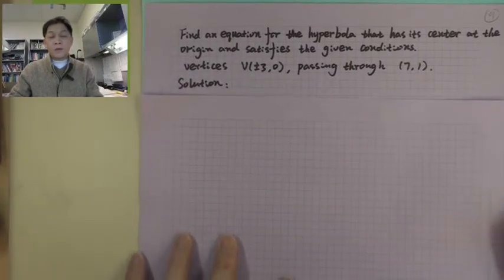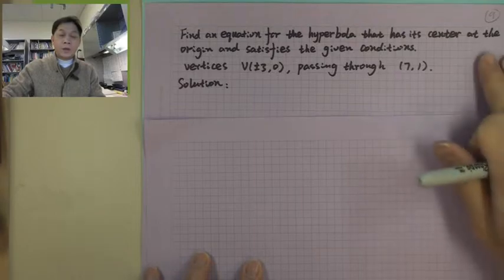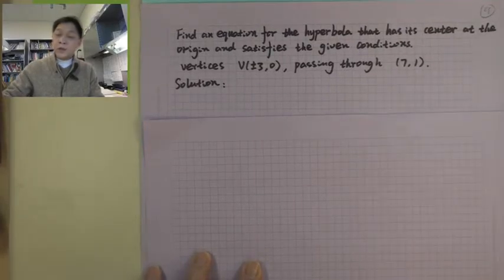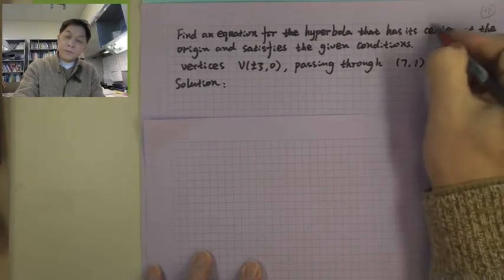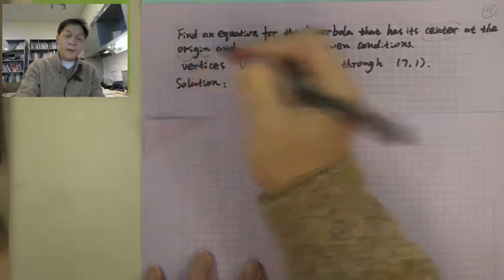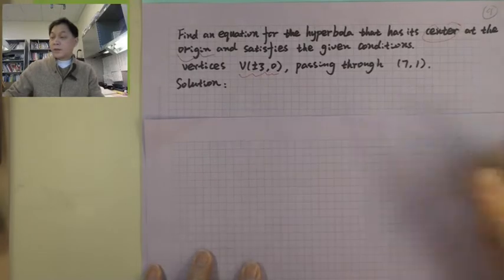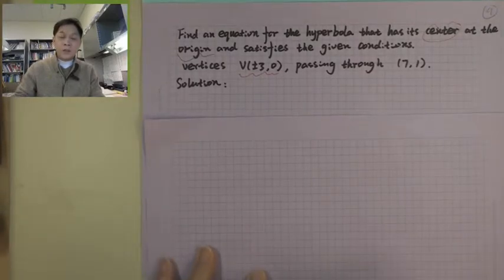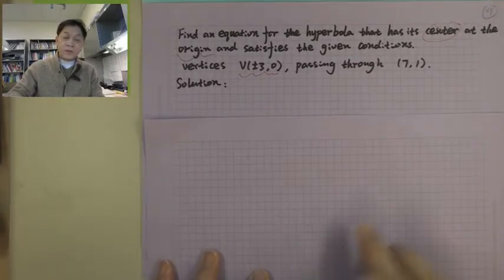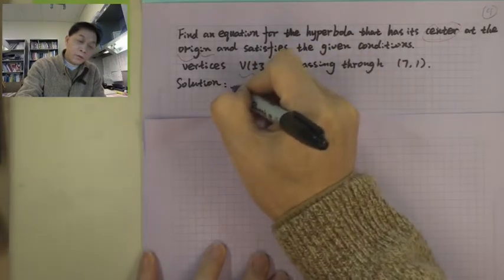Now look. We know the center is at the origin, and the vertices are on the x-axis. So you may want to write down the standard form of the equation.